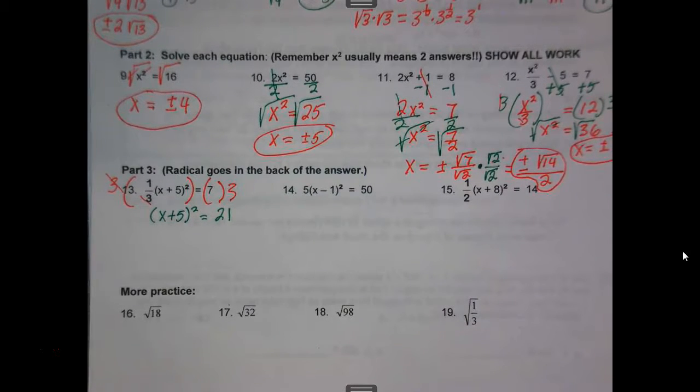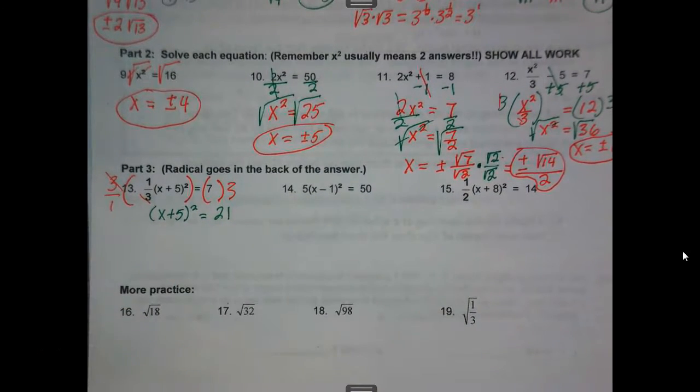Are you with me, kids? Well, it's 3 over 1. Yeah, they cancel out. They reduce to 1.